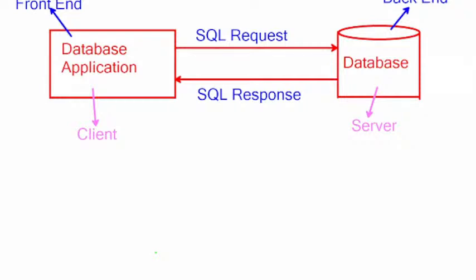Will the database understand Java? No. What does it understand? SQL. That is a language. MySQL is a database or a language? SQL is a language. Oracle is a database. MS Access is a database. MS SQL Server is a database. Whenever we install database software, two parts are installed.